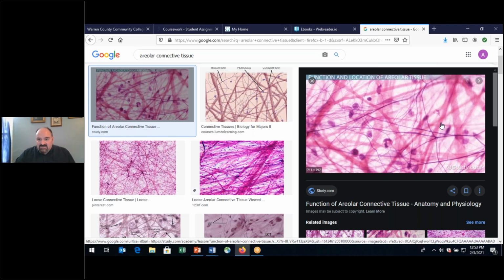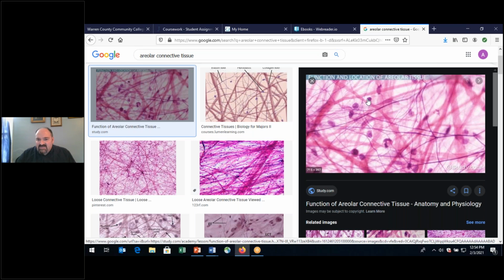And then we have these thicker pink fibers, or light pink, purple. Those would be the collagen fibers, right? So this areolar connective tissue is a loose type connective tissue that has these strong fibers present that are able to connect and hold on to the tissues and keep the organs in place, called a packing tissue.